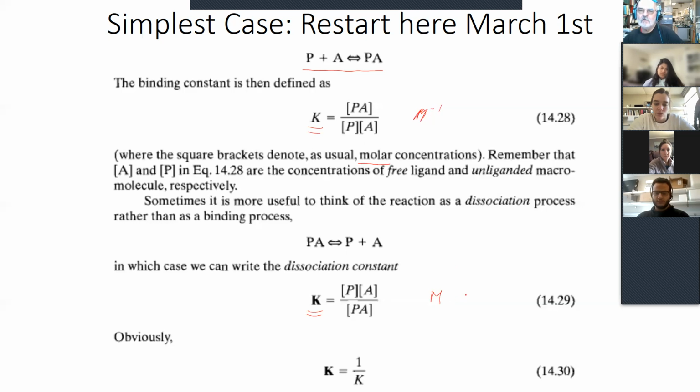So you generally report association constants as, for example, 1 times 10 to the 7th, molar to the -1. But you then usually report dissociation constants in terms of a unit of concentration. So the equivalent of this would be 0.1 micromolar.